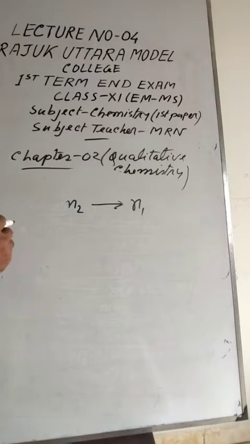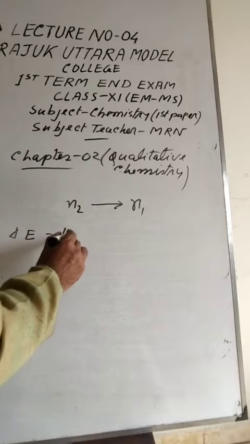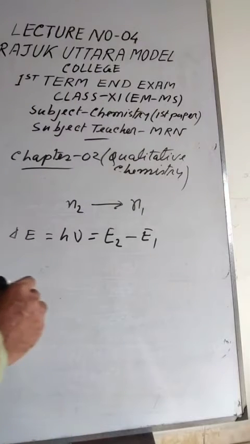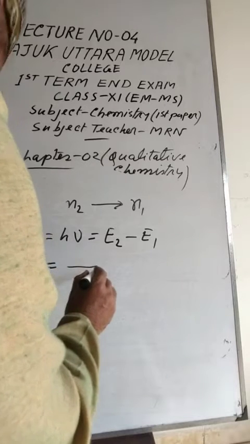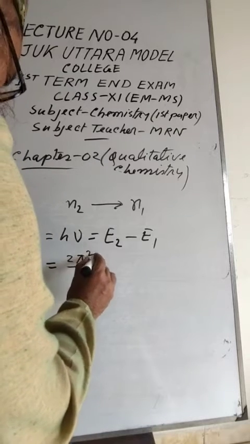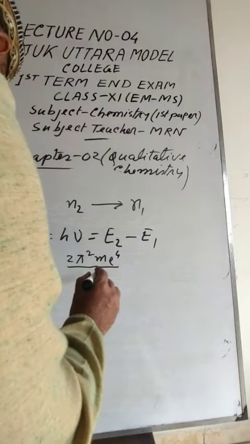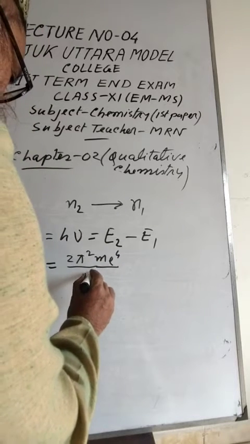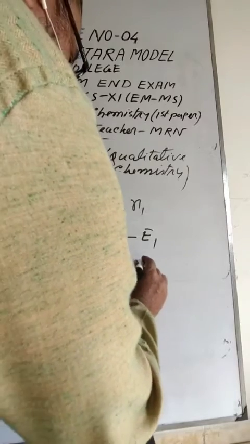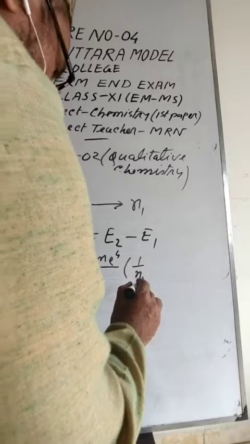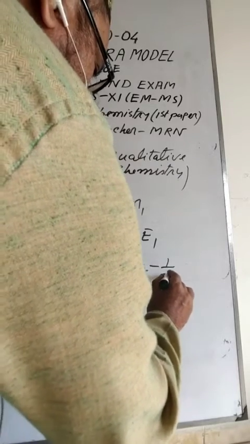Then according to Bohr's equation, the energy release will be delta E, which is E2 minus E1, equals, writing in short, 2 pi square m e to the power 4 divided by h square, into 1 by n1 square minus 1 by n2 square.